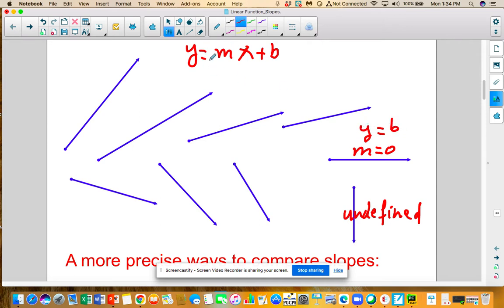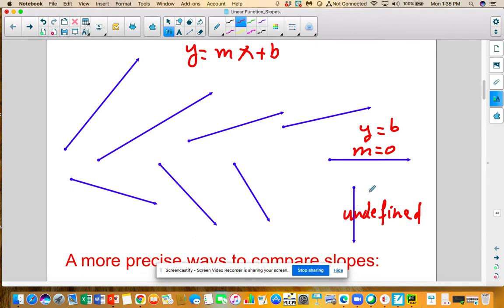Any other line besides a horizontal line, okay, can be written in slope-intercept form if it's a linear function. Now, a vertical line is not a function, right? A vertical line does not represent a function. As a matter of fact, it does not have a slope, and we cannot write it as y equals anything.